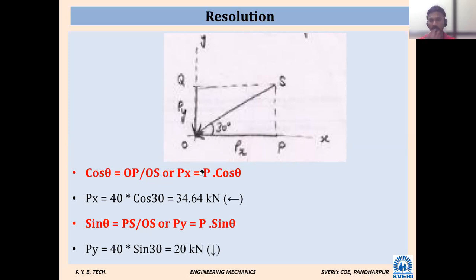But suppose there are a number of forces in your force system, then it is better to go for sign, because whenever we want to add, subtract, etc. forces, in that case it is better to have sign. Have you noted down the answer? Yes, sir.